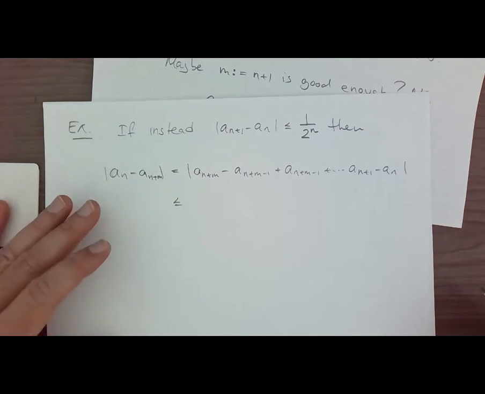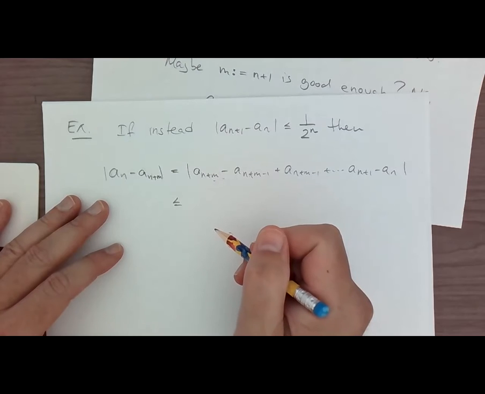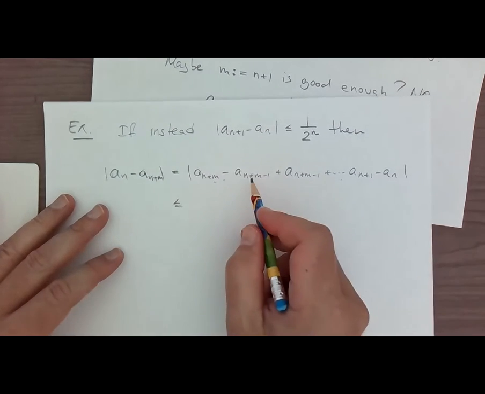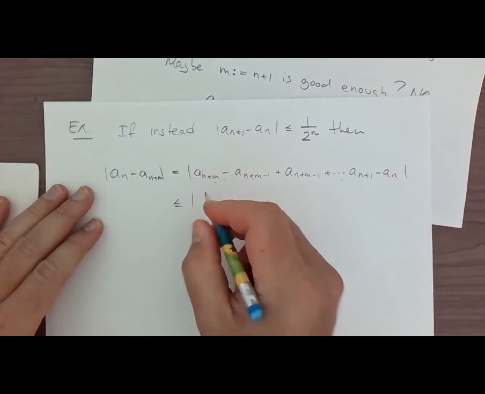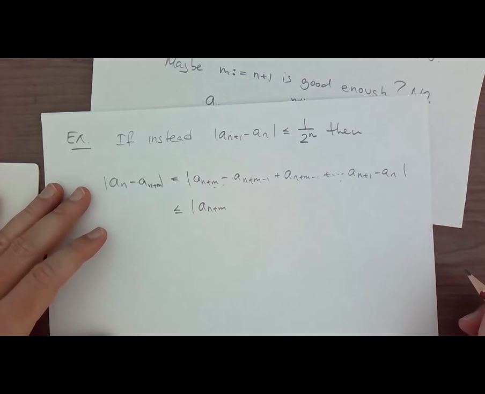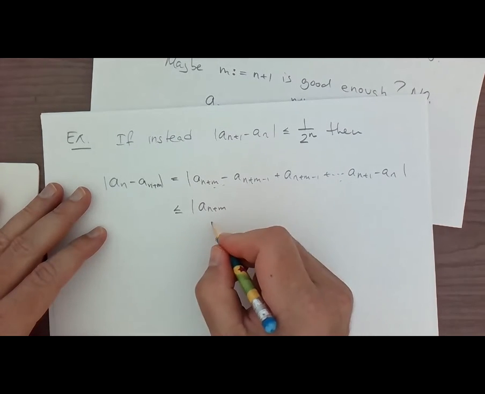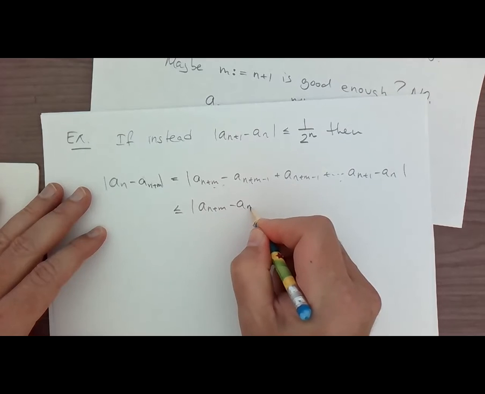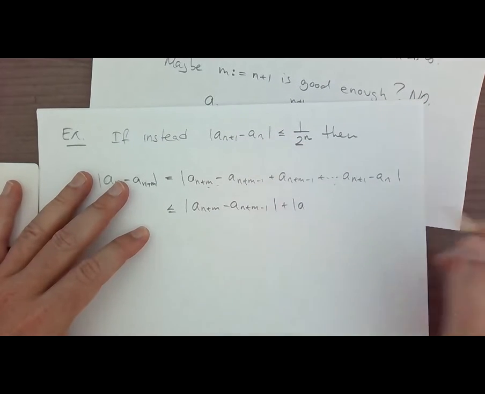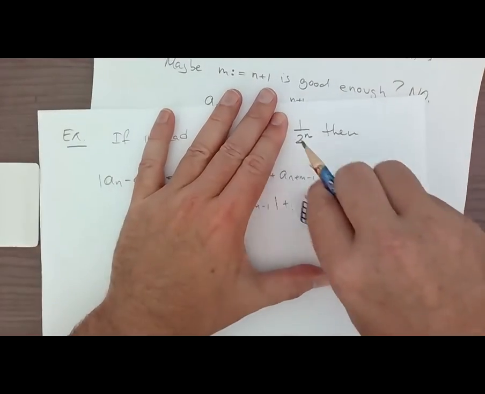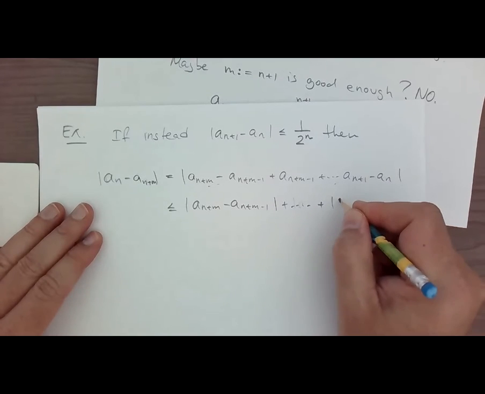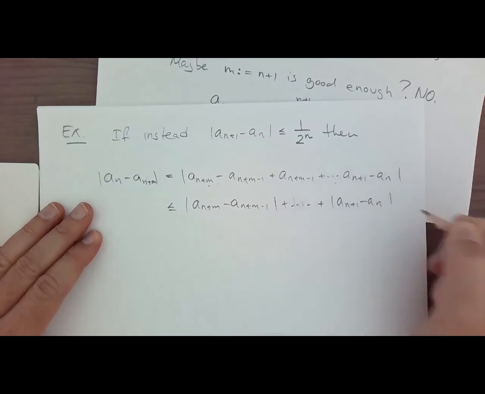This here would be bounded by, well, how big is this difference? How big are these differences? Now the triangle inequality would give a_{n+m} minus a_{n+m-1}, plus, and so on with a bunch of dots, and then I would have the last one, a_{n+1} minus a_n.